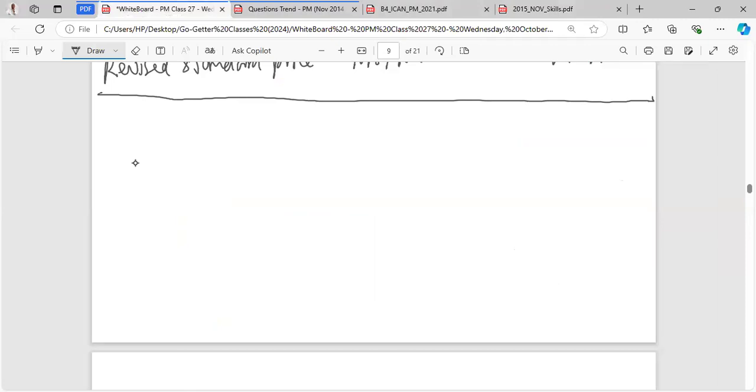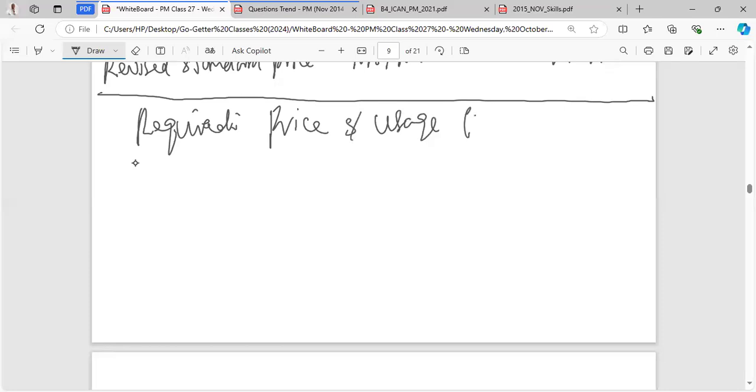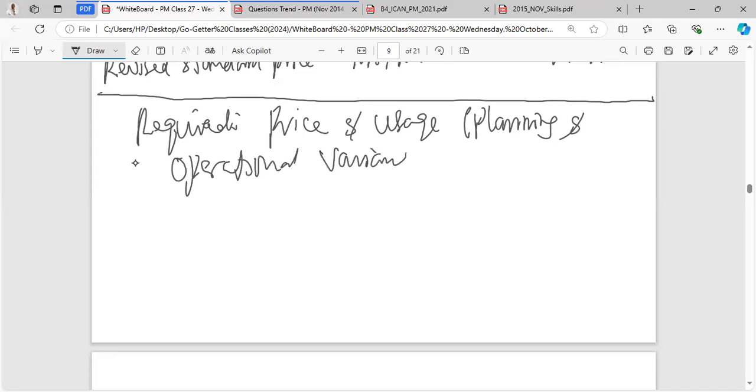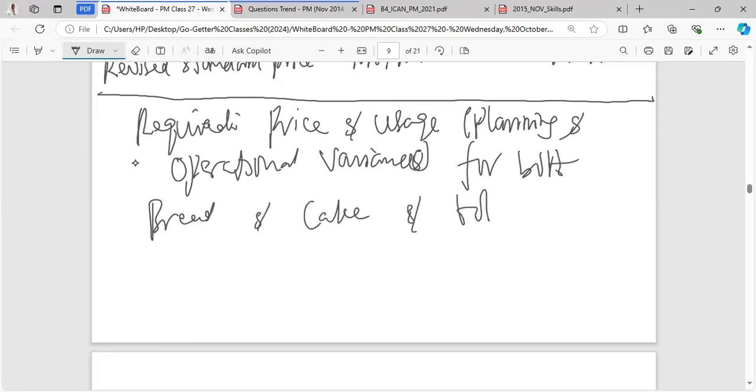So required: price and usage, planning and operational variances for both bread and cake and total.